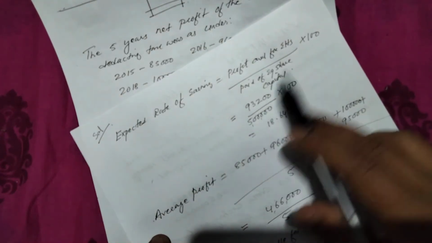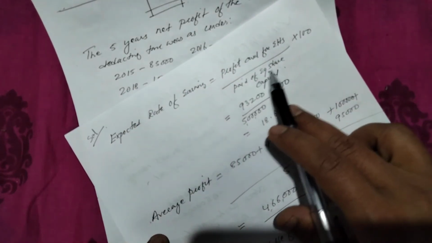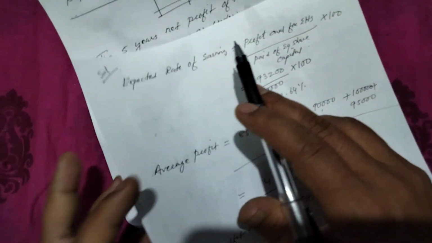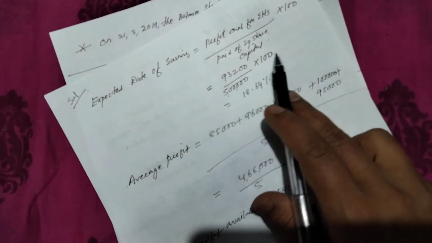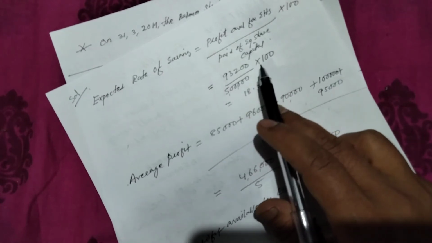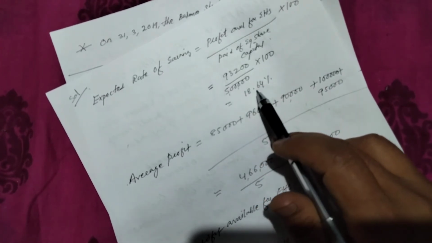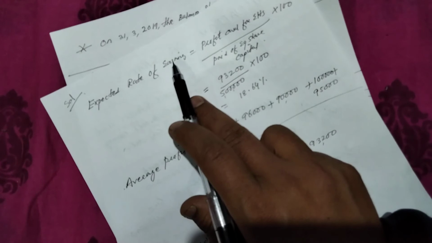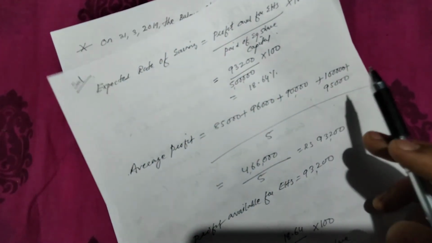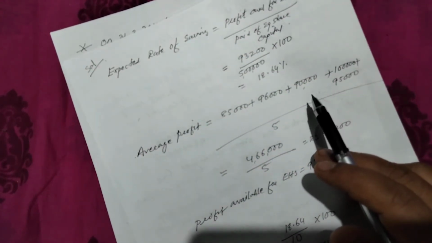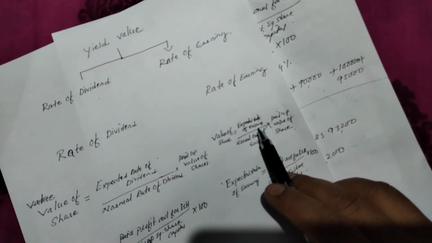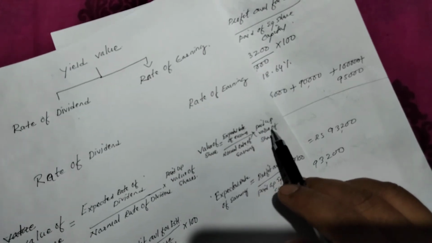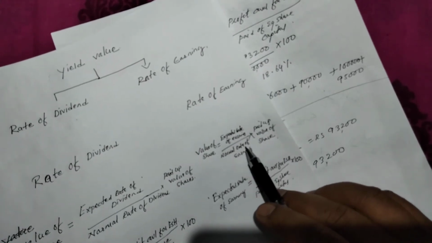So simply put 93,200 into 100 divided by paid up equity share capital, which is 5 lakh. When you calculate, it will be 18.64. This is the expected rate of return. After finding the expected rate of return, you can easily find the value of share. Value of share is expected rate of earning into paid up value of share divided by normal rate of return.